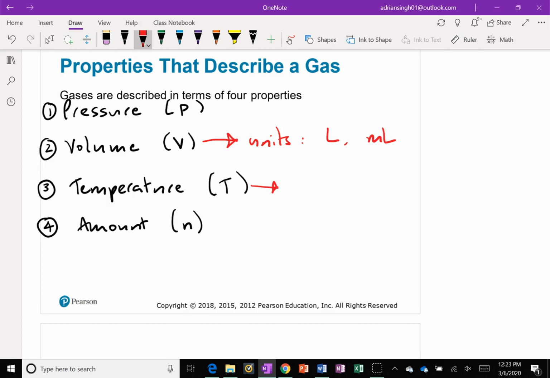For gases, you want to make sure that this temperature is, or it must be, in Kelvin. And you want to make sure that you do that conversion before you start doing any sort of calculation. Turn it into Kelvin at the very beginning. And then the amount is typically in number of moles.